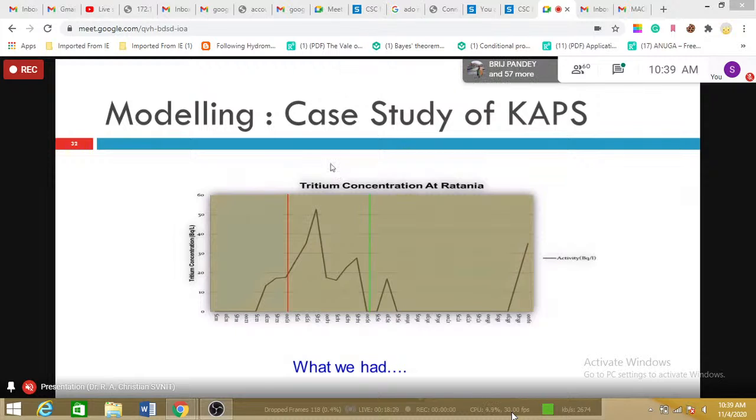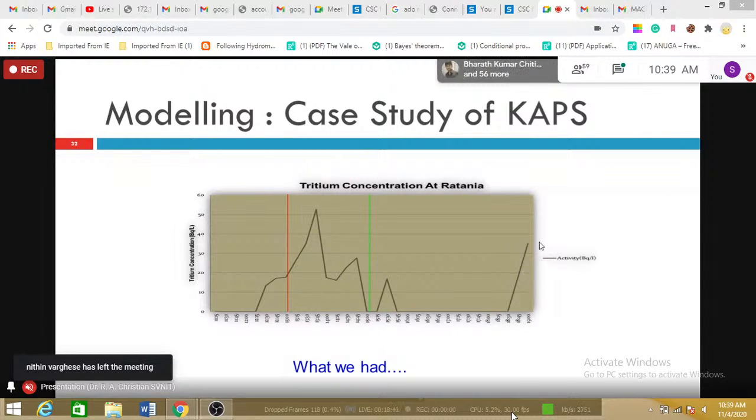I am going to show you that the tritium concentration was available. So we worked with that. And when the discharge was started, at what time the radioactive activity was detected at 2 kilometers, that information we had.